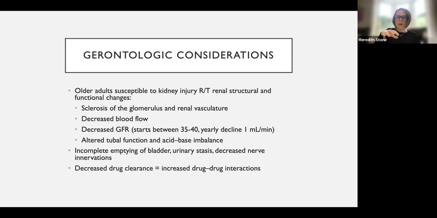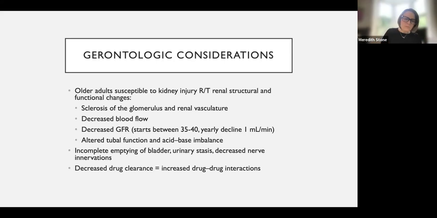If you don't have the musculature, that detrusor muscle, to get all the urine out, then the bladder doesn't empty, and that's urinary stasis, right? With urinary stasis and retention, you're at more risk for infection. Part of why that happens is because the nerve innervation is also decreased, so the urge or feeling to void is decreased as well.